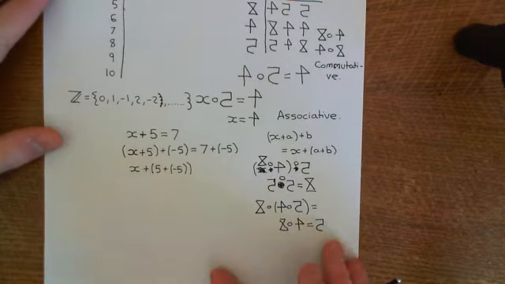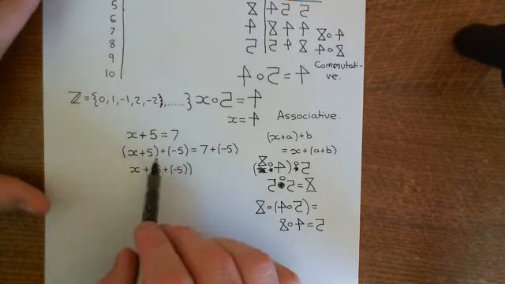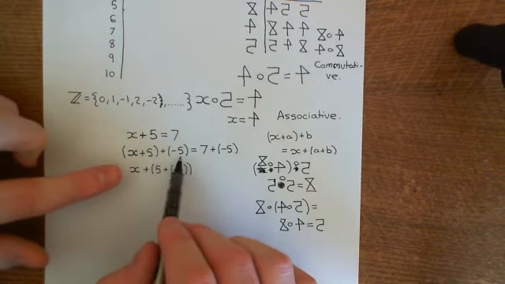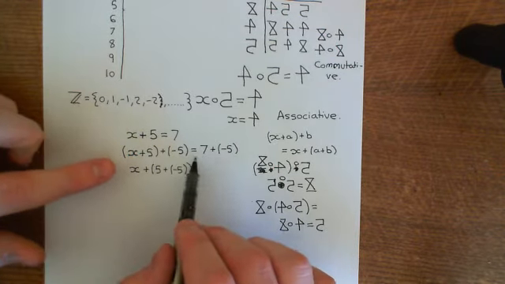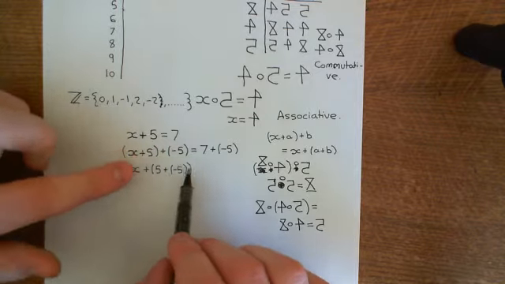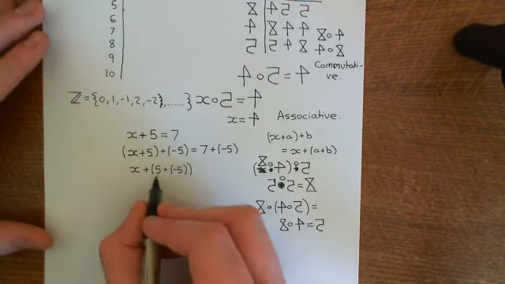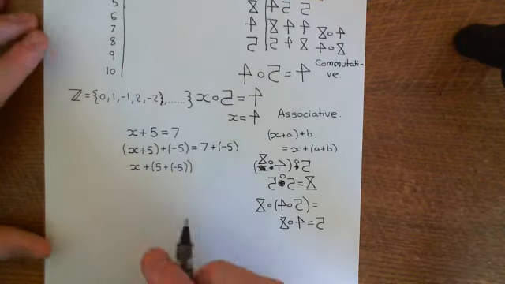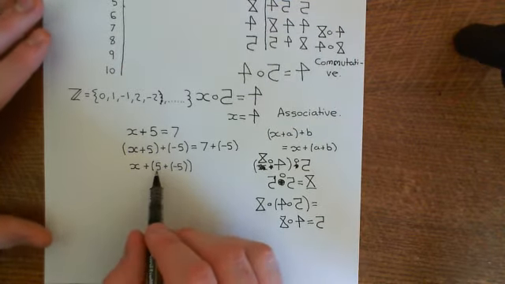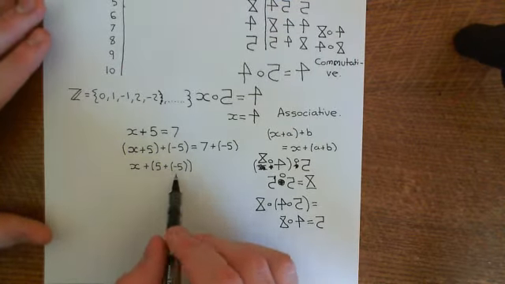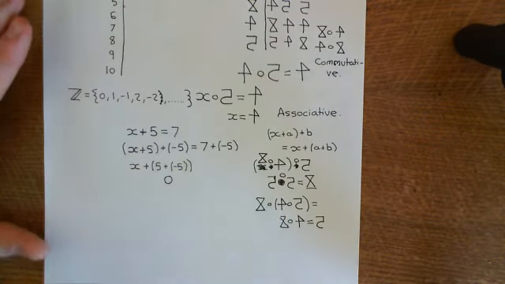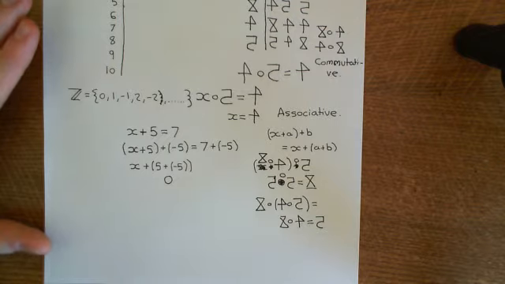Then what you can do is swap x plus 5 then plus negative 5 for x plus, and then 5 plus negative 5. Now 5 is the inverse of negative 5. So when you add the two of them together, it makes what is known as the additive identity. It makes the identity of this structure.